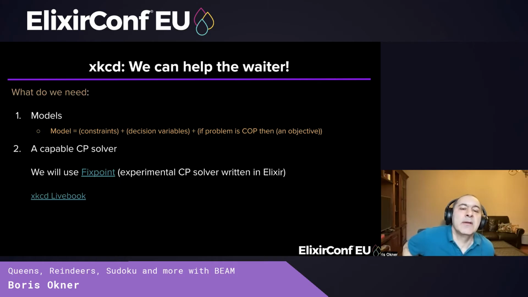It's an experimental solver written in Elixir. I am a maintainer, and it's a pretty immature project, but it already has some capabilities. Here's the link to the XKCD LiveBook. You can run these examples at home if you want. It's a runnable LiveBook.